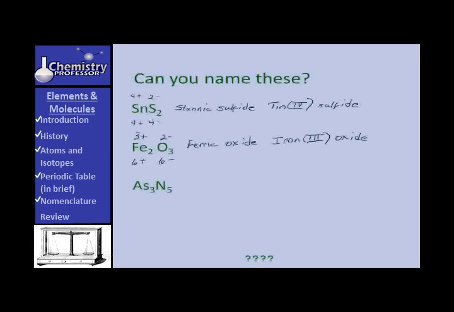Couple more. Let's try this one. Here's a compound of arsenic and nitrogen. Nitrogen is 3 negative, and there are 5 of them, gives us 15 negative charges. Therefore, arsenic must be 15 positive charges, and there are 3 of those, so each one then must be a 5 positive. That is the arsenic ion.